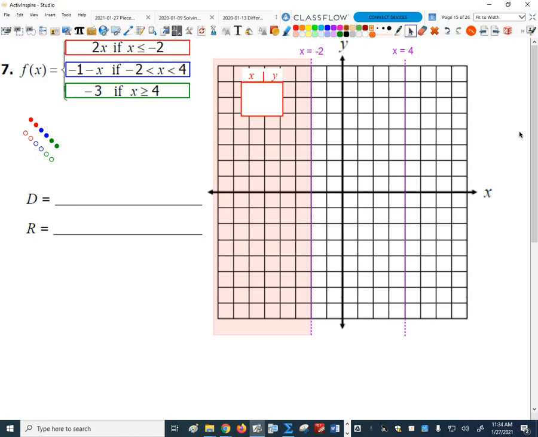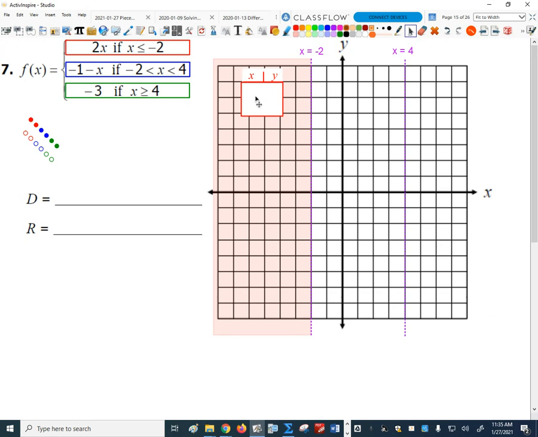So let's pick 2 points in the red region so we can graph the red piece in its region. Emily, give me one x value I need to include. Not sure?